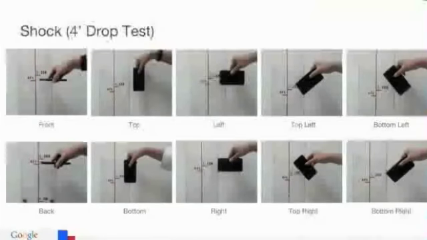Finally, we have shock, or the drop test. I'm going to say first and foremost that we are concerned as well about modules breaking apart, or the phone breaking apart and the modules flying out of the phone when a user drops it. So we're working currently to understand what that looks like in a real functional prototype.